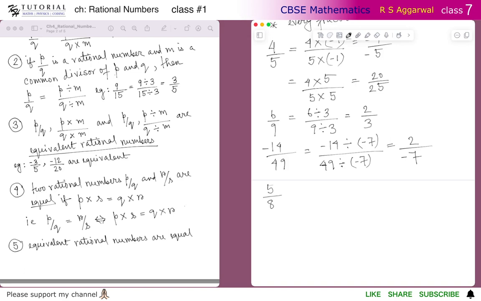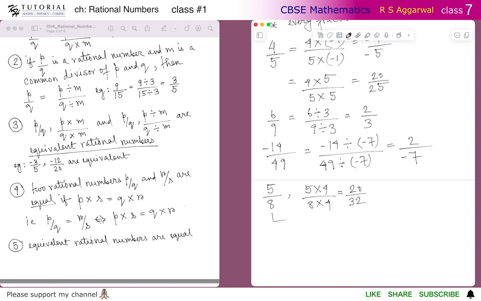I know that if I multiply both the numerator and the denominator of this rational number by 4, I get 20 by 32.